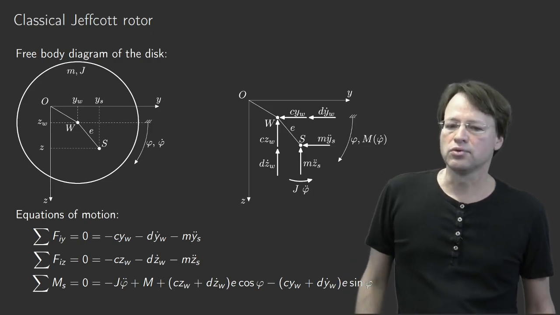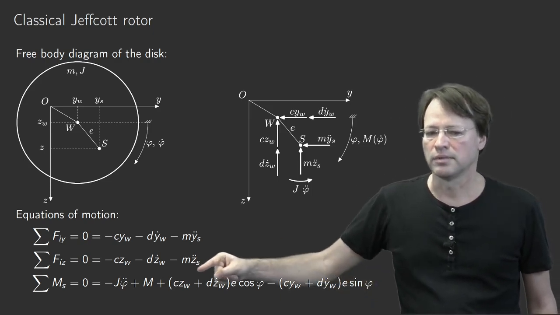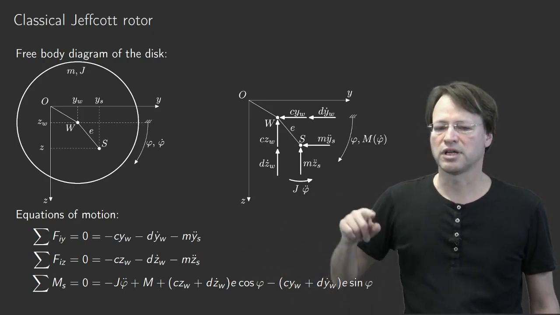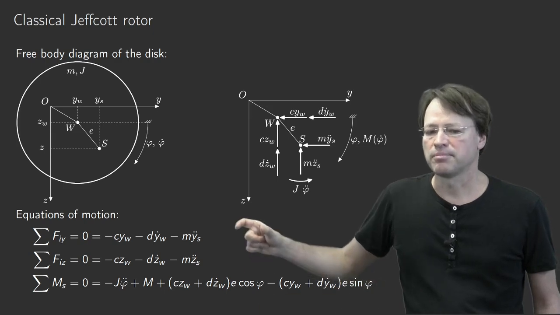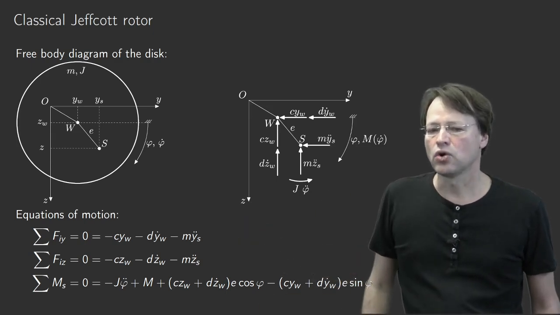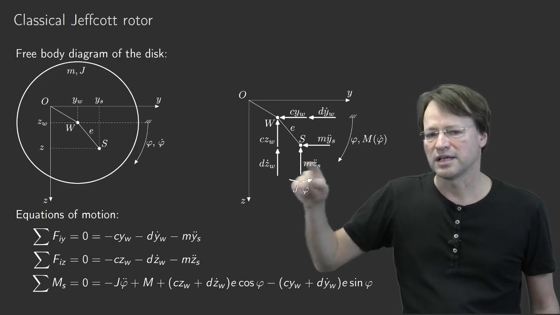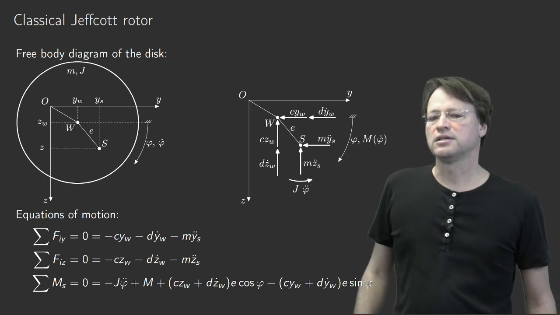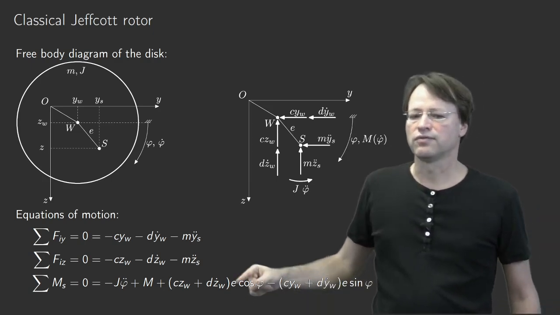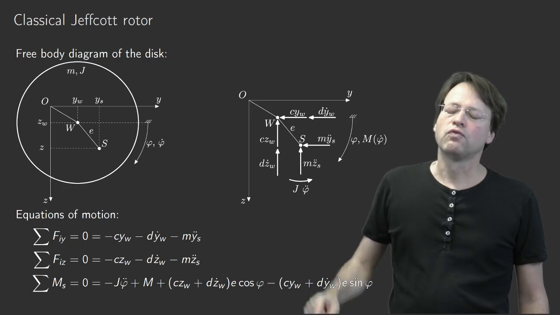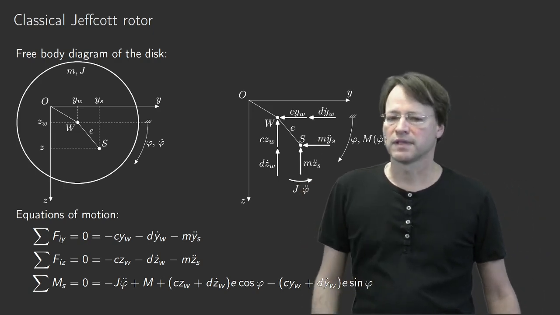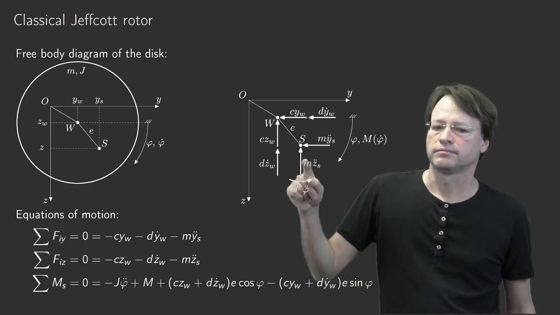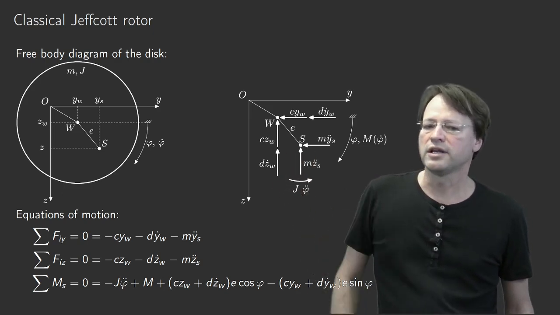And then we have contributions coming from the restoring forces, the spring restoring forces and the damper forces, which are multiplied by a lever. The lever is E cosine phi for the z direction. You can see E. And if that angle denotes angle phi, then you will find E cosine phi for the z direction, and you will find E sine phi for the y direction.